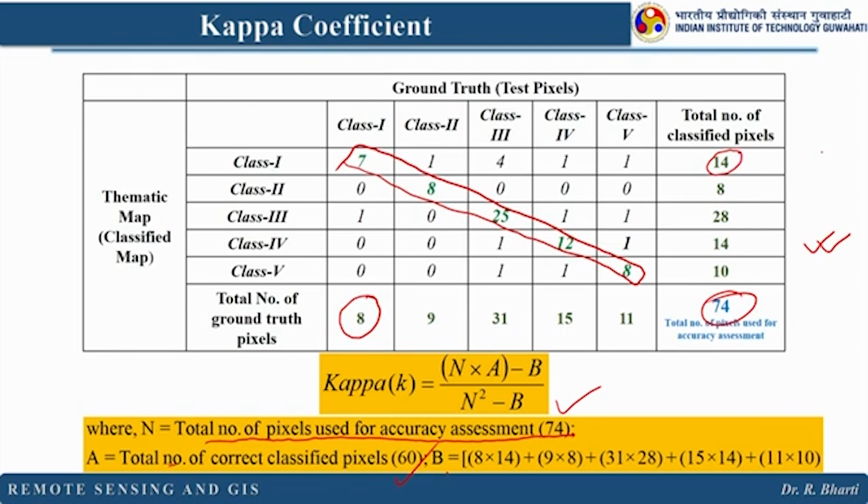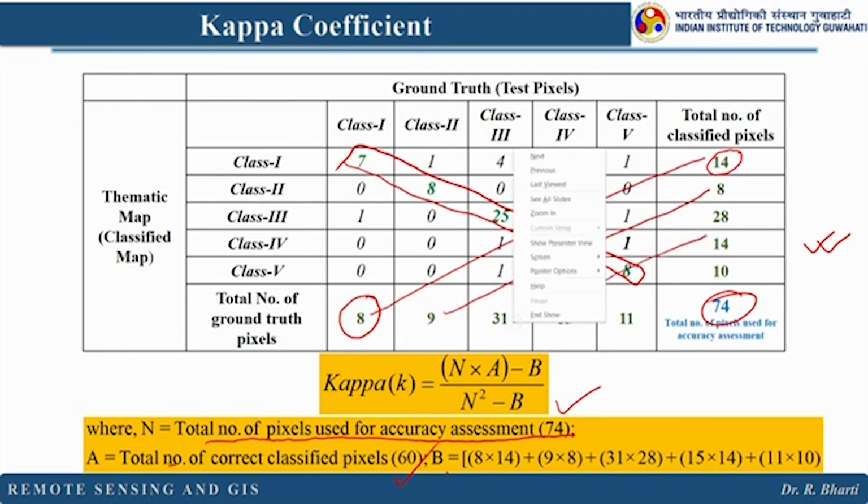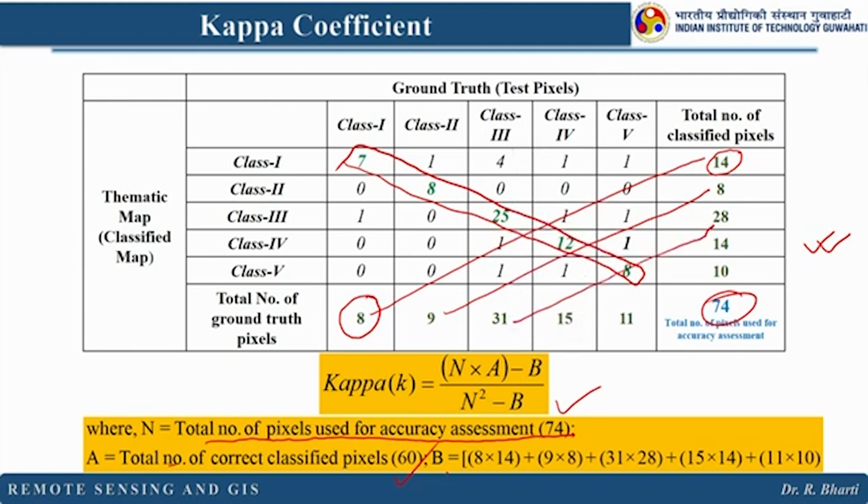So here if you see 8 into 14 plus 9 into 8 plus 31 into 28, then 15 into 14 plus 11 into 10, that will be your B, right. Now once you have that, you can easily calculate this kappa coefficient.